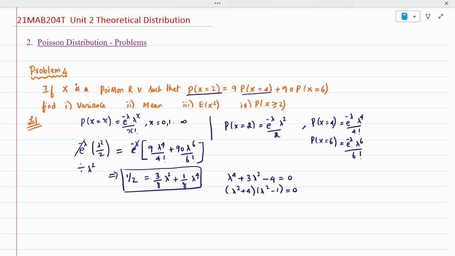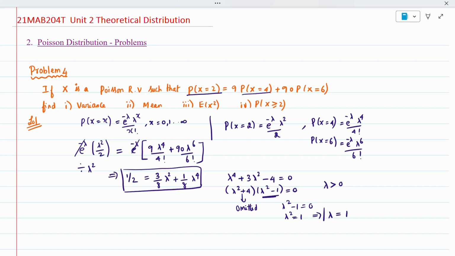So it's correct. We know that lambda is a parameter, so it is always greater than 0. So the factor lambda squared plus 4 is omitted; I have to take only the other equation. Since lambda is greater than 0, lambda squared minus 1 equal to 0, so lambda squared equal to 1, so lambda equal to 1.